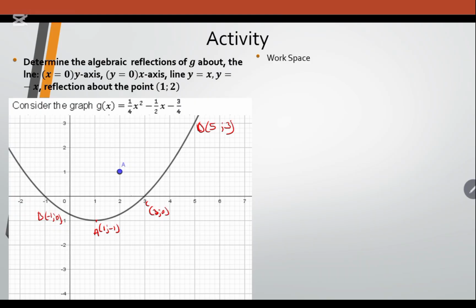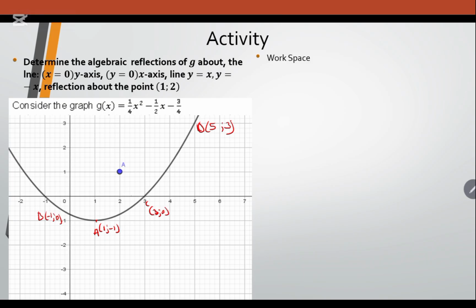You identify at least 3, 4, 5, or just enough points that will drive the characteristics of this graph. And once you identify them like that, you then reflect them individually through the point that is given. So we are asked to reflect the graph through the point A.